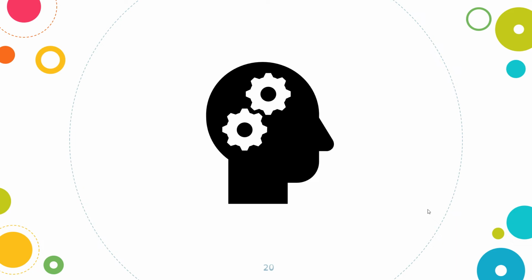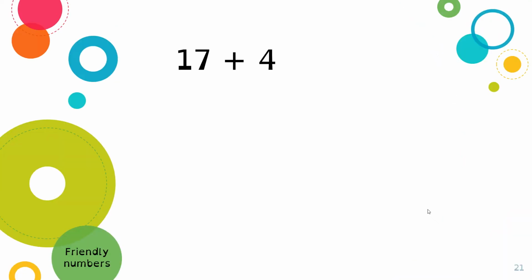So we're going to do a mental math activity or question at the beginning of each of our lessons in order to strengthen our comfort and our confidence with our numbers. So our question today is 17 plus 4. And we're going to use a strategy of friendly numbers. What I mean by friendly numbers are numbers that feel friendly to you.